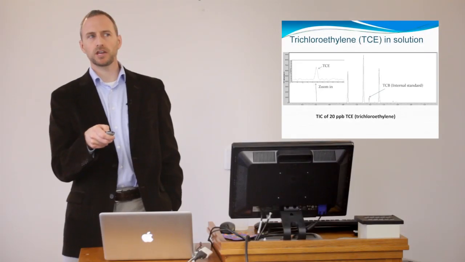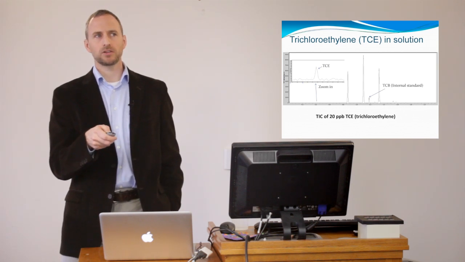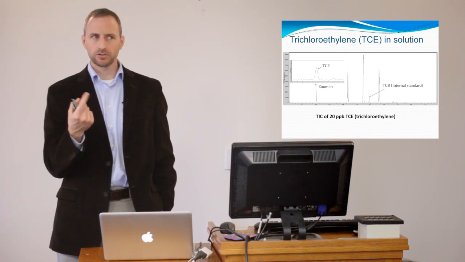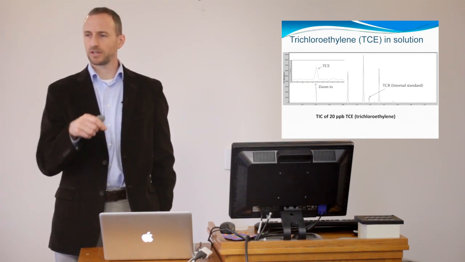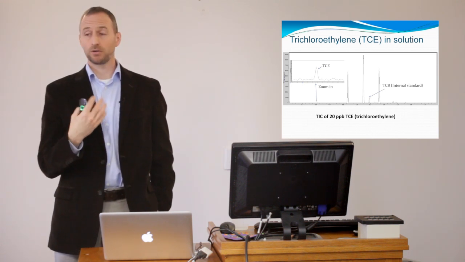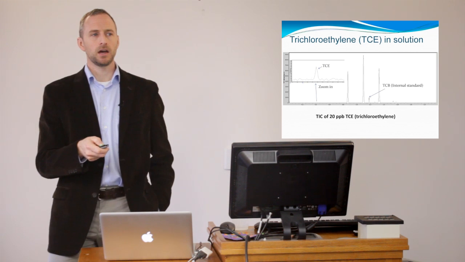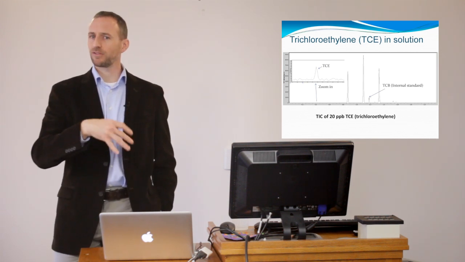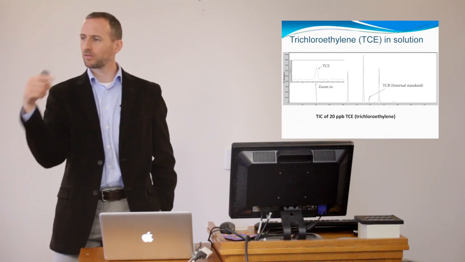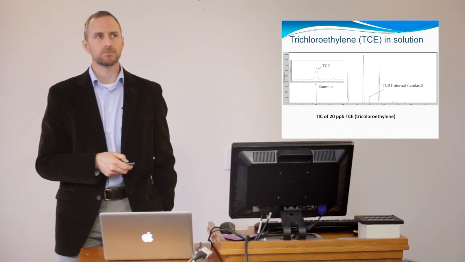But the bottom line is we can take about 5 milliliters of groundwater that may or may not be contaminated with TCE, put it in a 10 milliliter glass vial with a stir bar and stir it up, and then do this headspace SPME sampling, so put the fiber above the water at room temperature or whatever the ambient temperature might be outside, and the TCE will evaporate out of the water and stick to the fiber. We can then take the fiber out of the headspace and put it in the instrument and analyze for TCE.